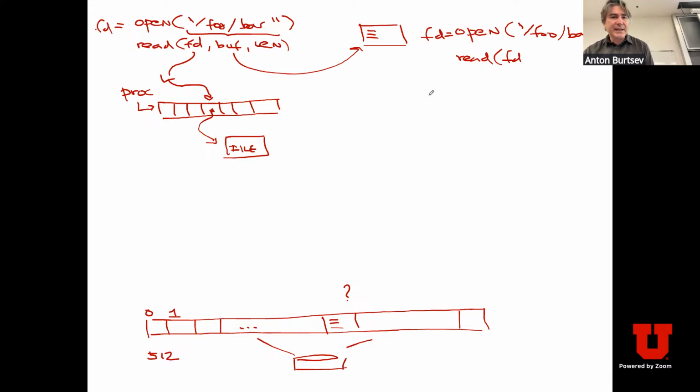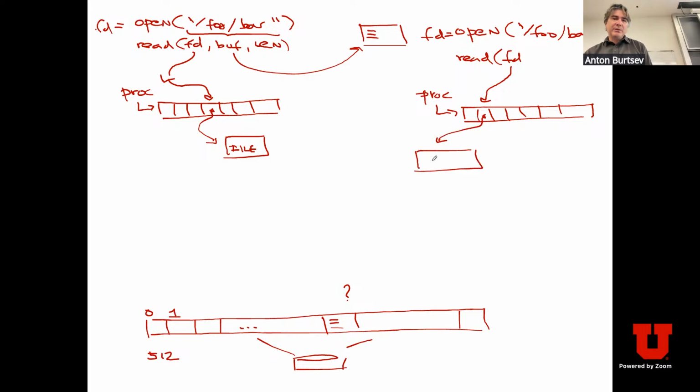The way it works is that this process will also have a process data structure, will also have a file descriptor table. And this file descriptor will be pointing to somewhere in this table. And this pointer will also point to something called a file.